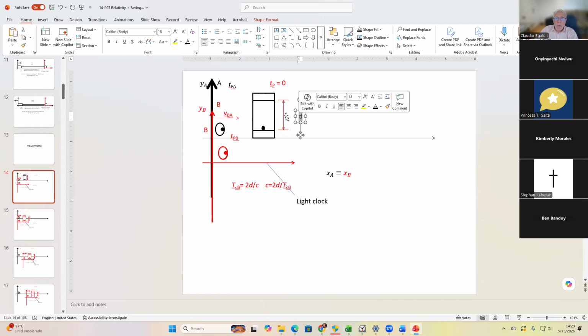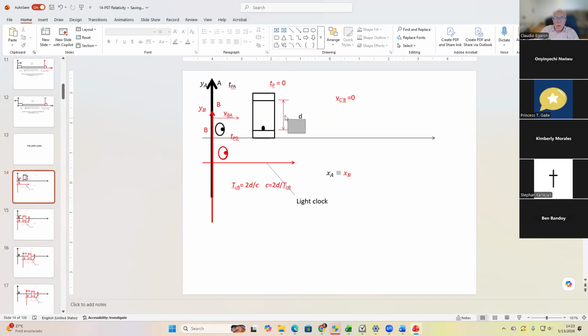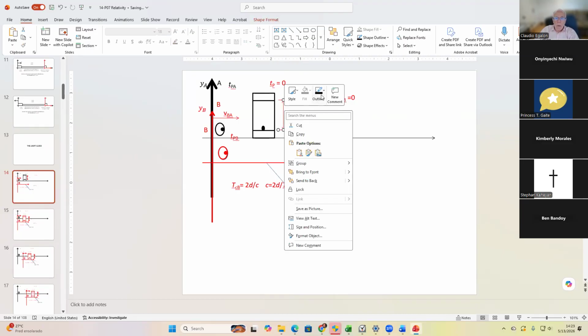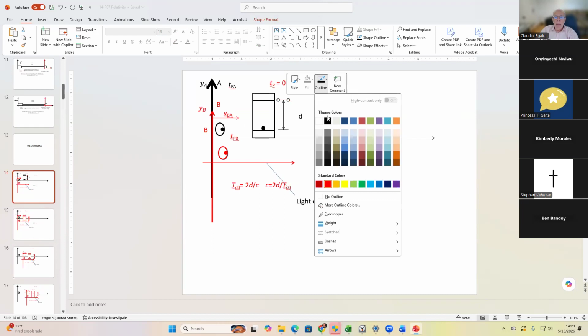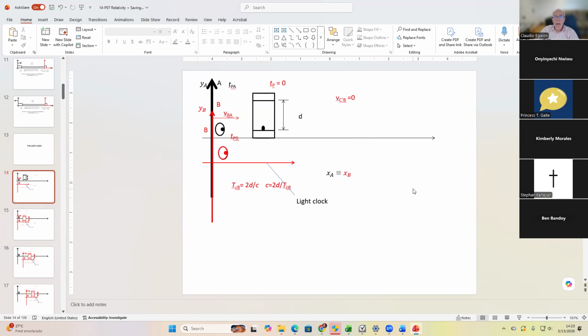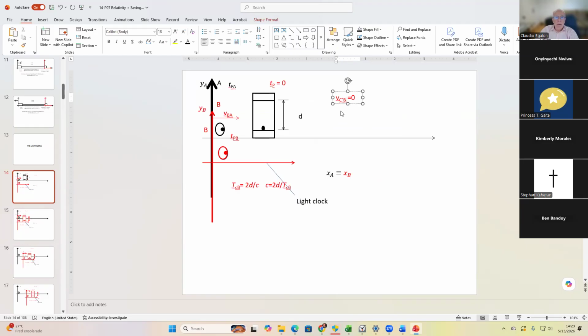So here you go. Here is my clock. Look at my notation, okay?